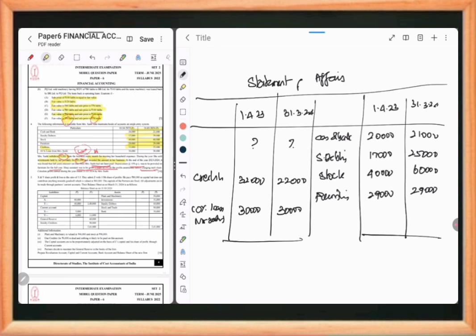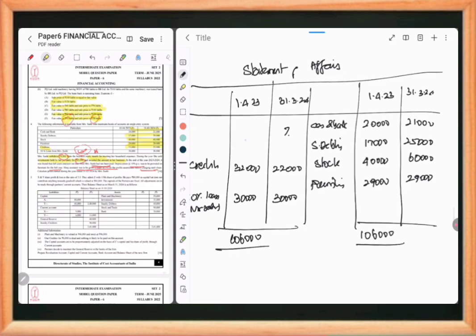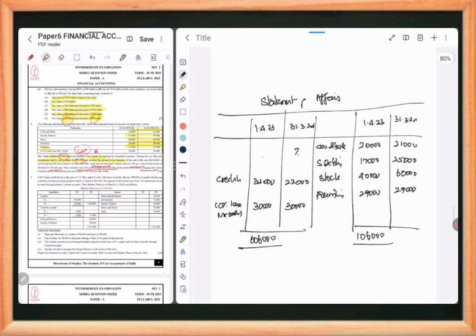So opening capital, how much? 20,000 plus 17,000 plus 40,000 plus 29,000, so 1,06,000, minus 32,000 minus 30,000, so 44,000 is the opening capital.